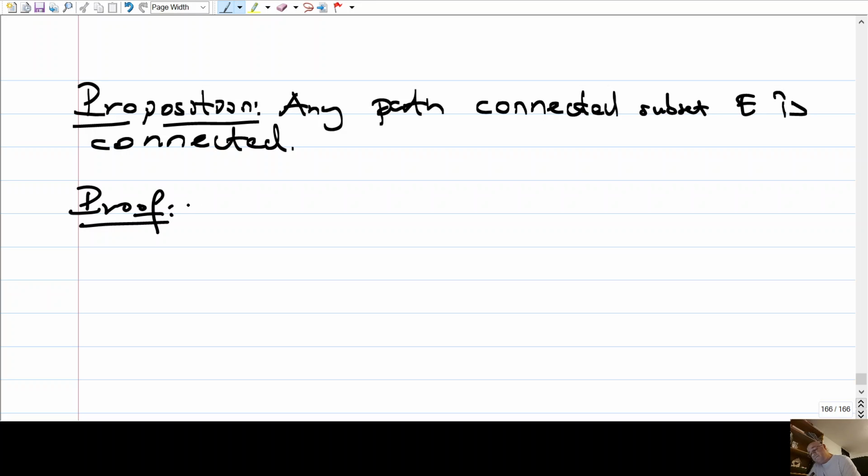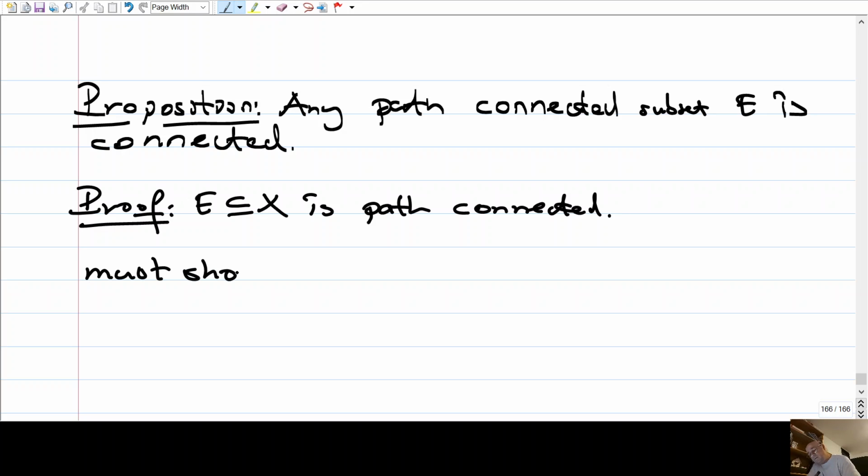So we assume the following: E, a subset of X, is path connected, and we must show that E is connected. So being path connected is something stronger than being connected. Why is this true? Let's see.